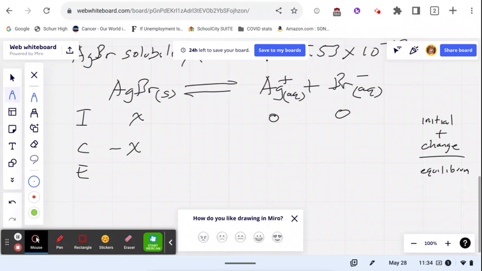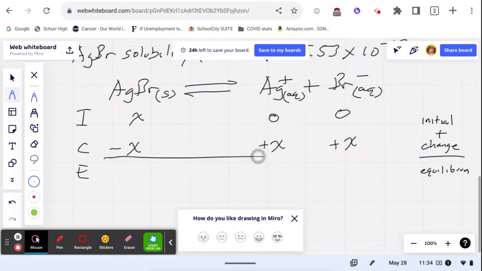In the change row, whatever X we start off with, all of it dissolves, so we end up with 0 at equilibrium. If X moles per liter of AgBr dissolve, then we get plus X for the Ag ion and plus X for the bromide ion, because X moles per liter of AgBr turn into X moles per liter of Ag and X moles per liter of Br minus.